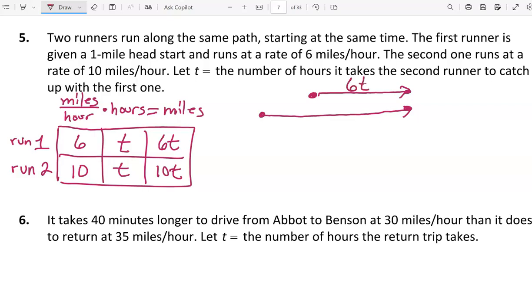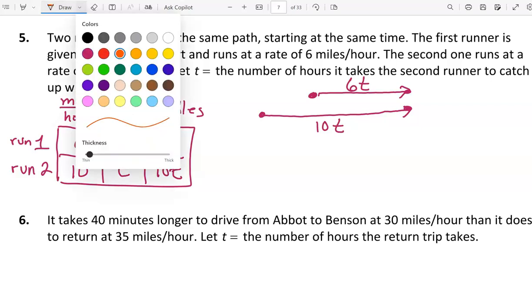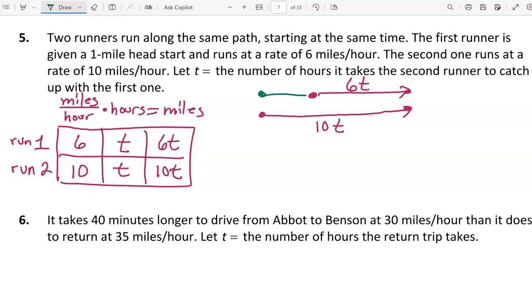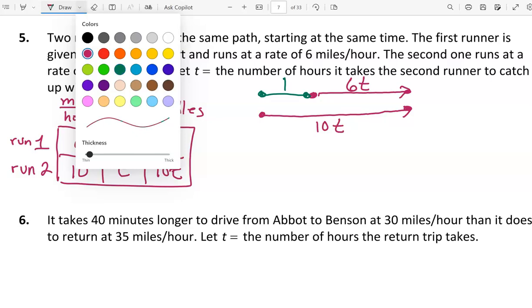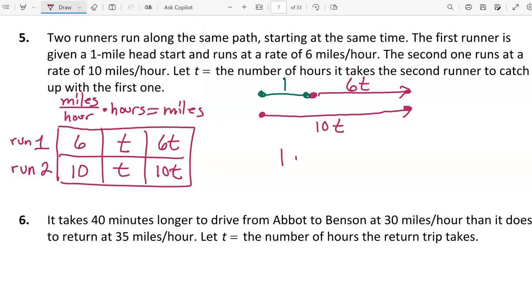Runner 1's distance is 6t, runner 2's distance is 10t, and the thing that we're missing here is that head start. That head start was 1 mile. Now we have an equation that's suggested by that diagram. Part plus part is equal to whole, so 1 plus 6t is equal to 10t.